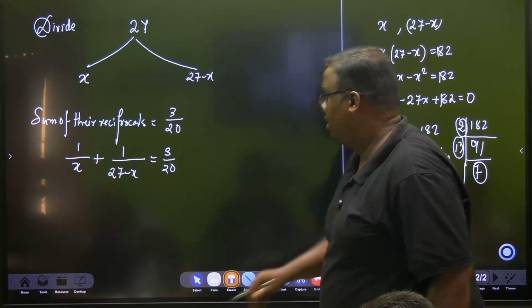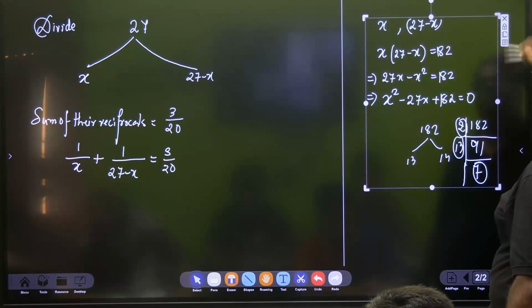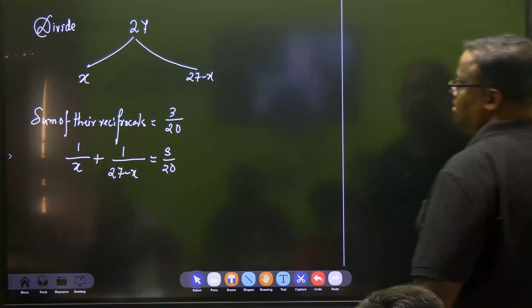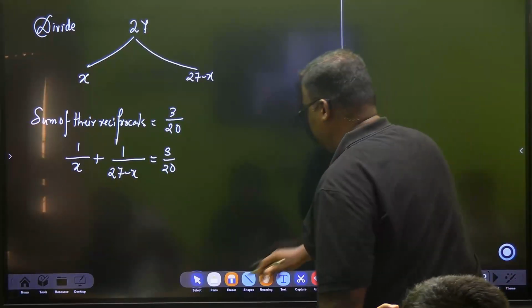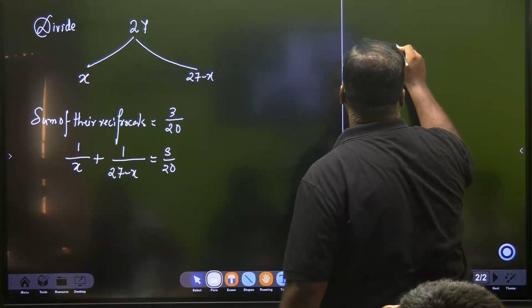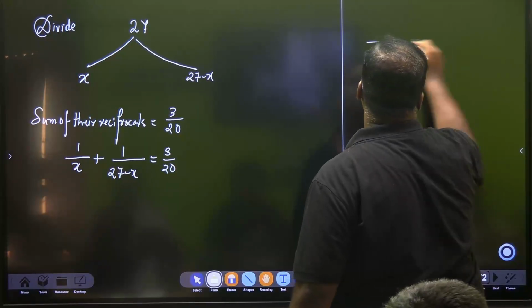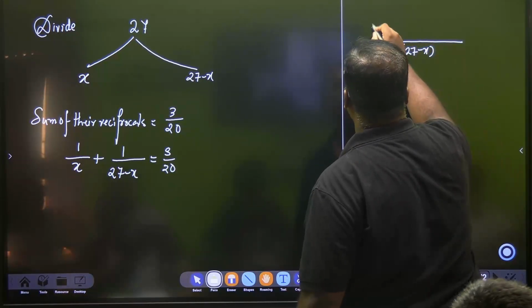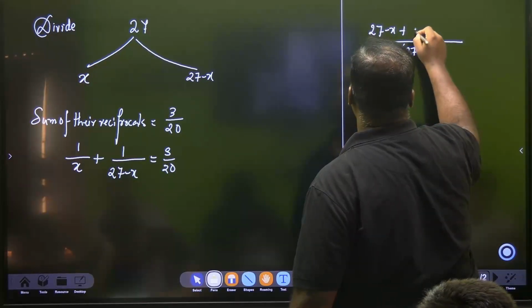Okay. Now, how to do this problem? So it becomes what? Your denominator becomes x into 27 minus x. And what is your numerator? On this side we will have 27 minus x, and on this side we will have x.